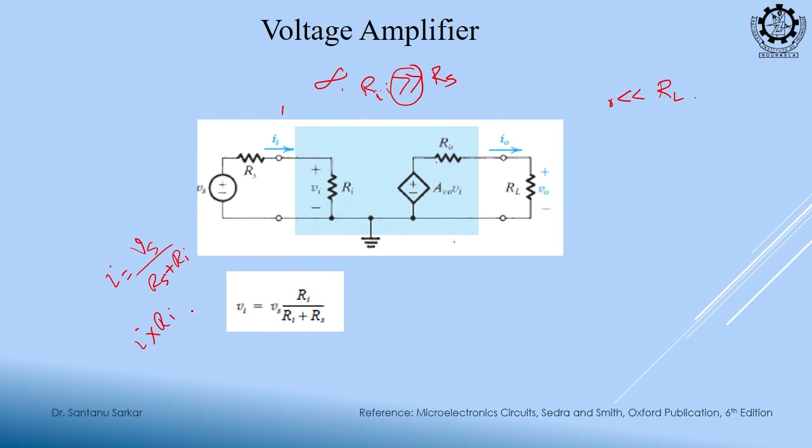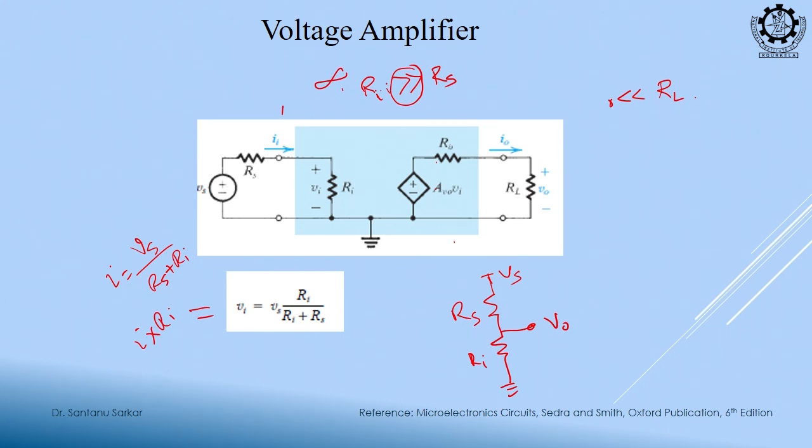So that will be equal to Vs into Ri by Ri plus Rs. Okay. So this I term as a potential divider. The output voltage is the resistance to ground divided by total resistance into supply voltage. Clear? So this is nothing but a KVL, right? You do the KVL, you will get it.